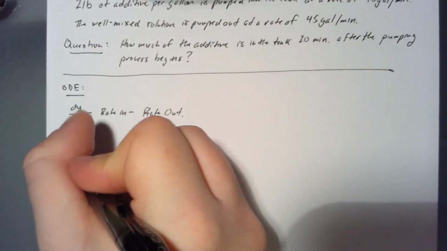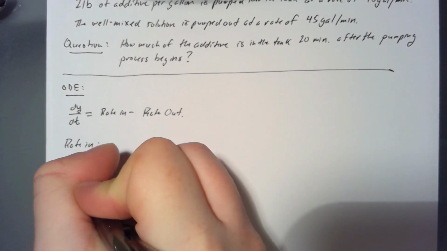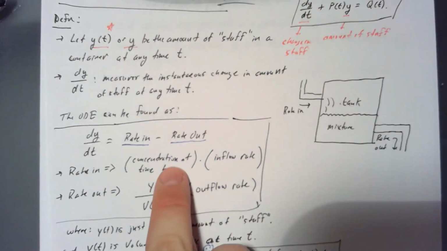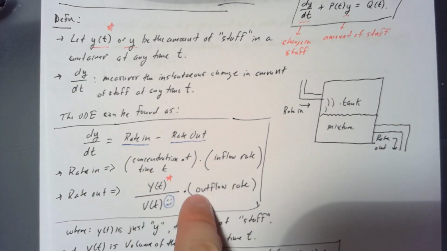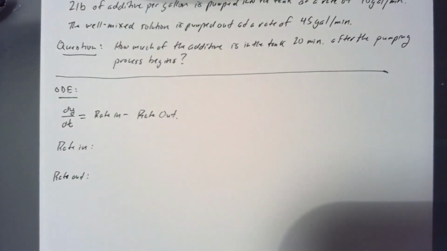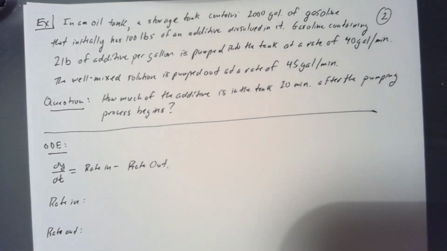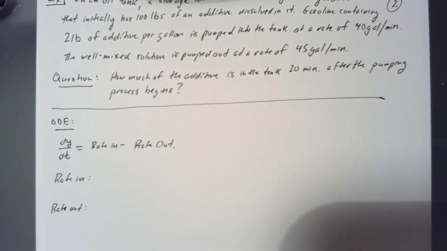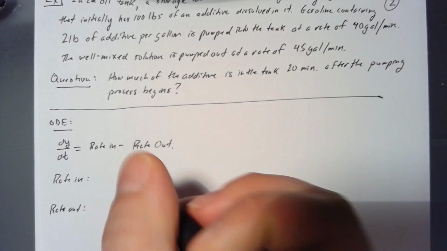So now I just have to figure out what the rate in looks like and what the rate out looks like. I'm just taking everything that I jotted down here and figuring out every piece of this to build my differential equation. Each piece here is in the problem. You just have to find where it's hidden in the problem. You have to do a little detective work. Alright, so remember in your notes, rate in is the concentration at time t.